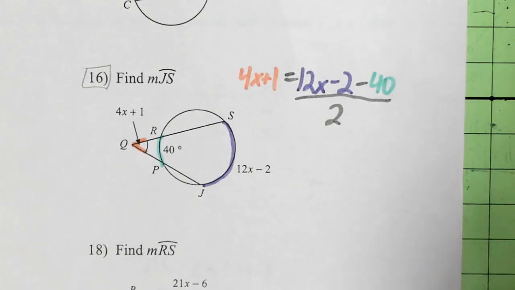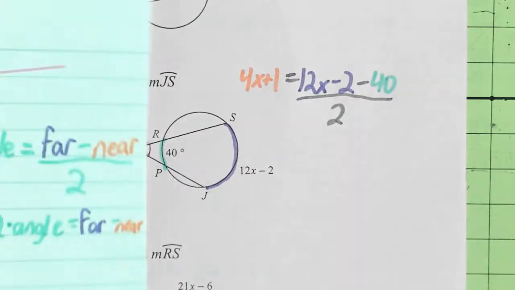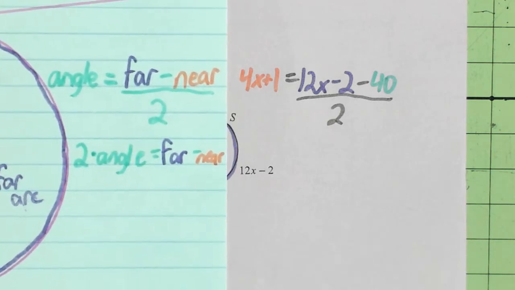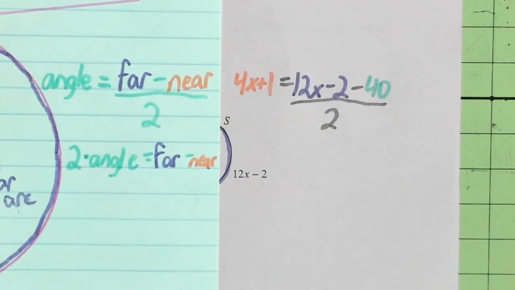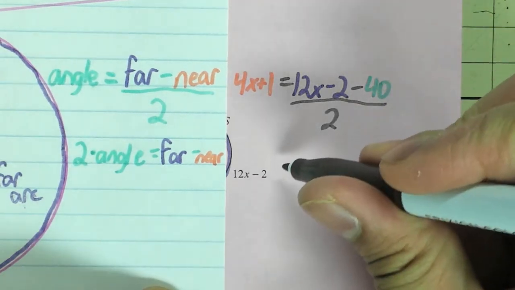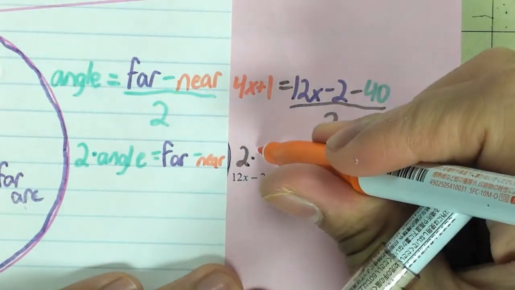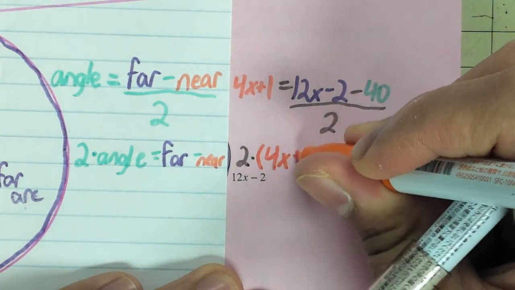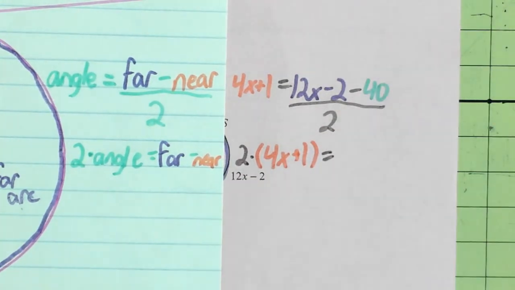Alright. In our formulas that we wrote down, over here, I'm using this top formula. We could also take a look at the second formula, 2 times the angle equals far arc minus near arc.